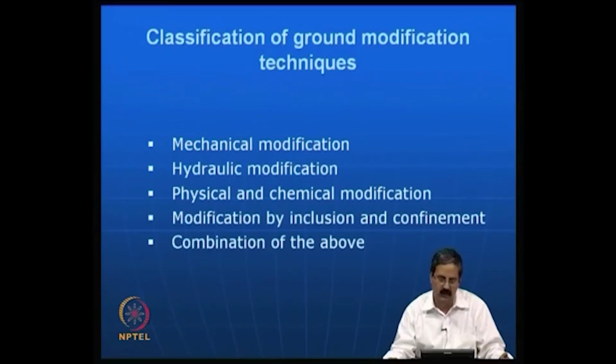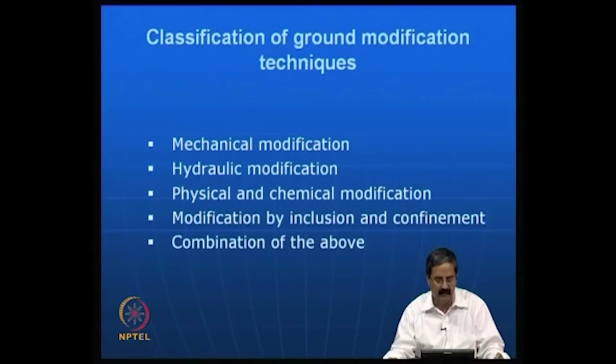So, we try to remove the water from the soil and also see that it is consolidated to a very high pressure, so that the pressure that you are going to place later on it will be very minimal, with the result that it helps the purpose. So, this is called hydraulic modification.